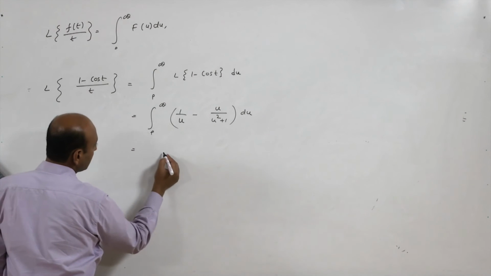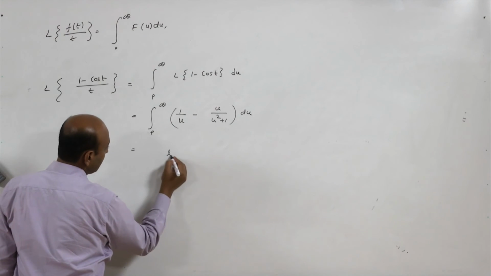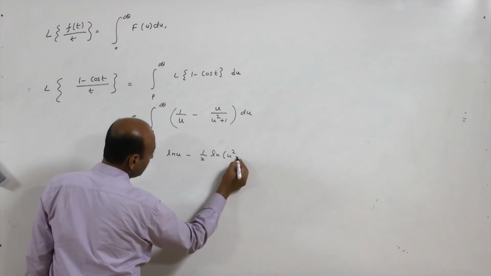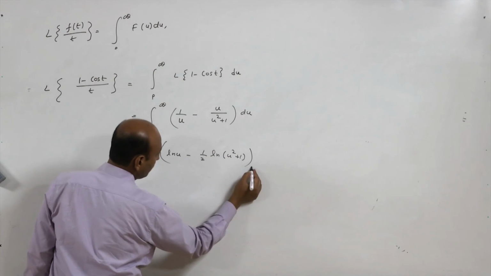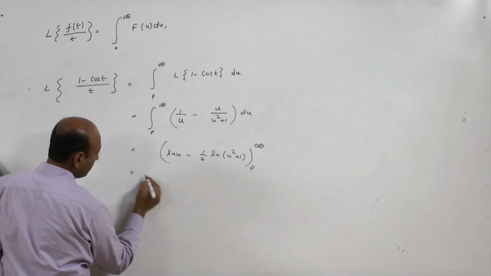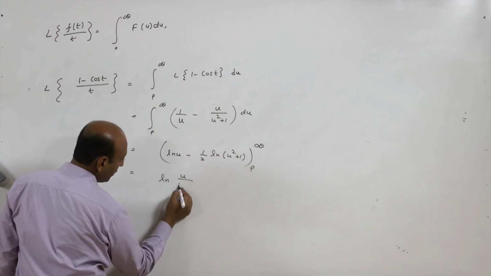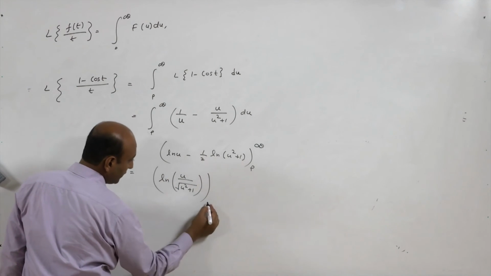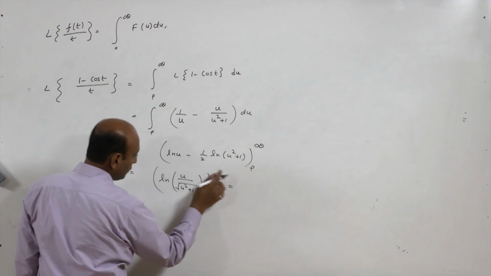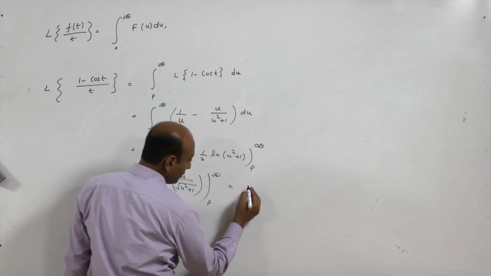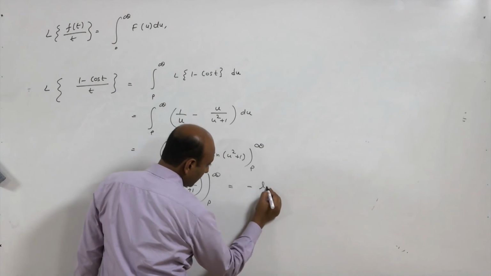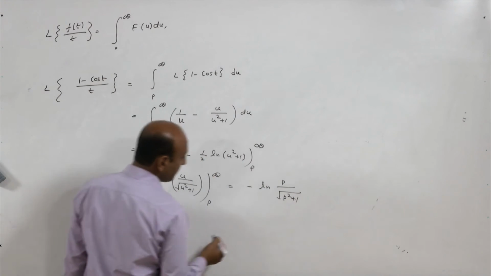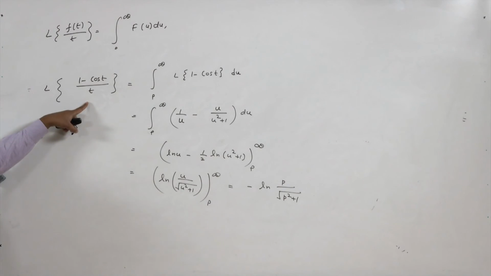So, it is ln u minus 1 by 2 ln of u square plus 1 from p to infinity. So, it is nothing but ln of u upon under root u square plus 1 from p to infinity. At infinity it is tending to 0, at p it is negative of ln of p upon under root p square plus 1. So, this is the Laplace transform of this quantity.